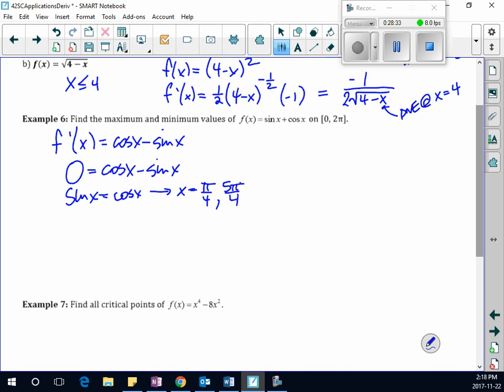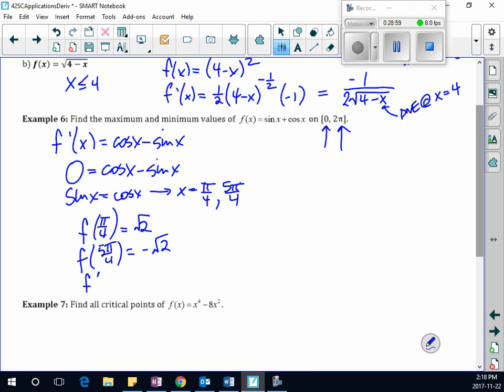But we also have to test the endpoints because now we have a closed interval. Does everybody see we have a closed interval? Okay, so that means we need to find f of pi over 4, which for time's sake I'm going to give you the value is root 2. F of 5 pi over 4, which for time's sake I'll give you as negative root 2.